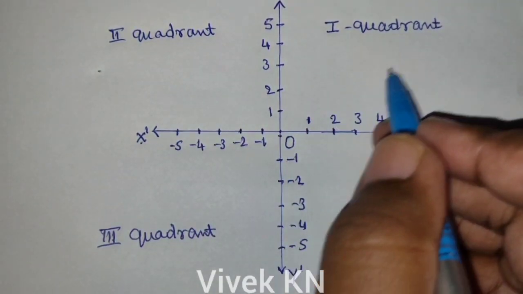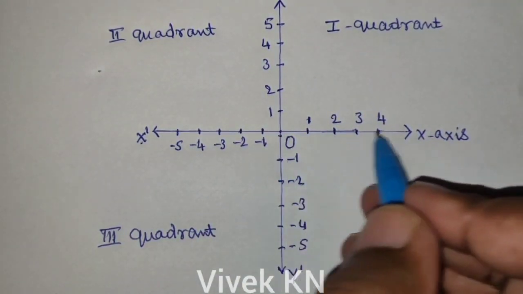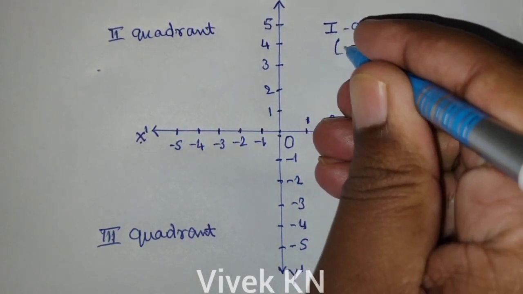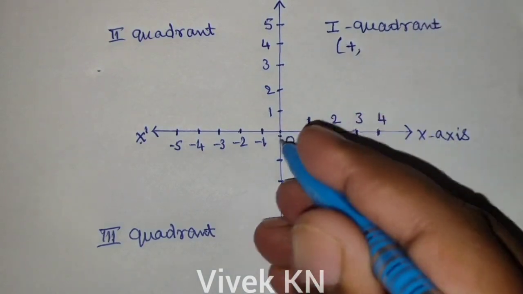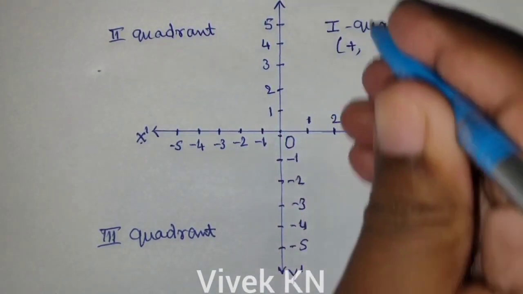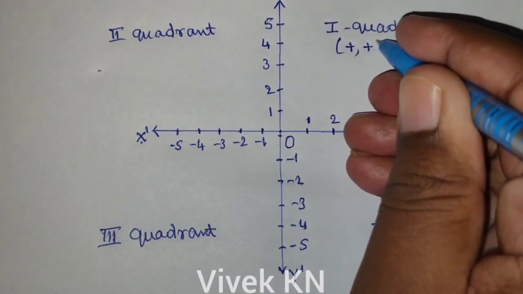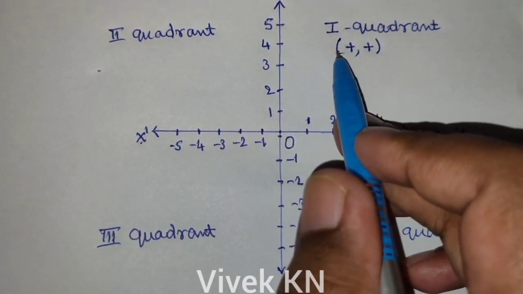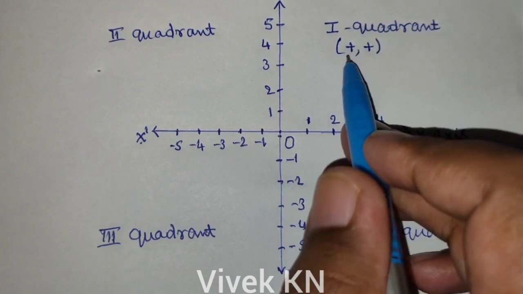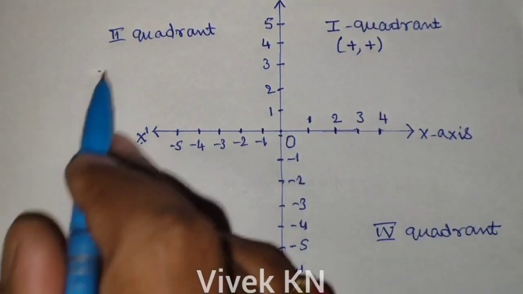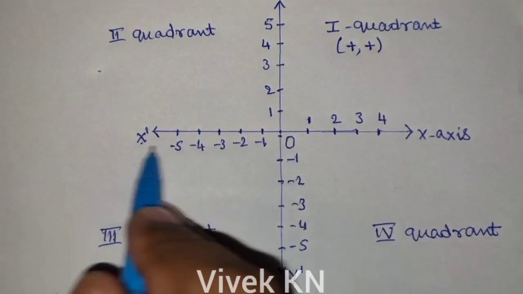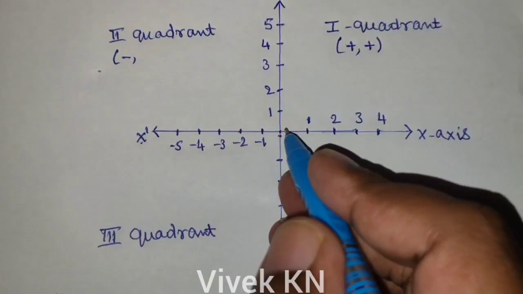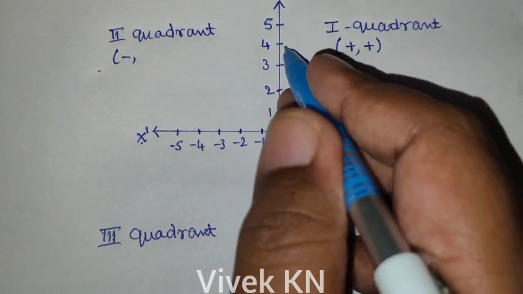In the first quadrant, the x-axis possesses positive values and the y-axis possesses positive values. So the sign of the first quadrant is plus comma plus. In the second quadrant, the x-axis possesses negative values and the y-axis possesses positive values.